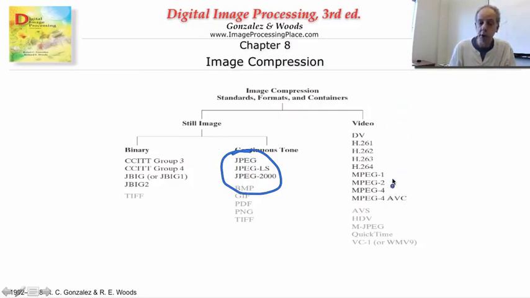In video, there are also standards. So once again, when I take a video, save it on my phone, and send it to my friends, I want them to be able to read it. For that, they need to know how I did my compression. And of course, the most common ones are the MPEG family, although there are other techniques as listed here. So it's kind of a two-sided street.